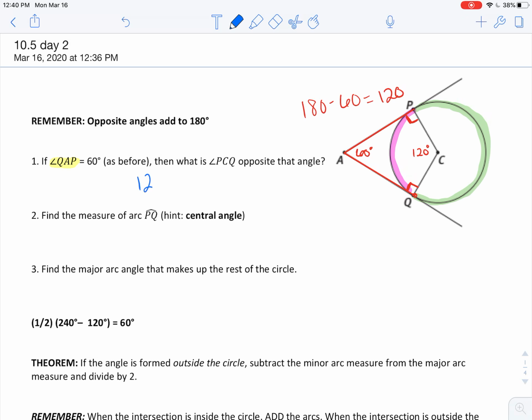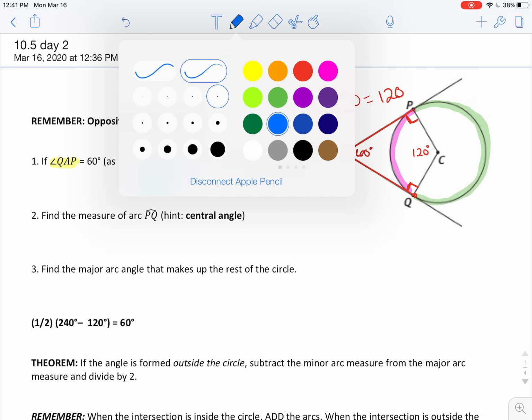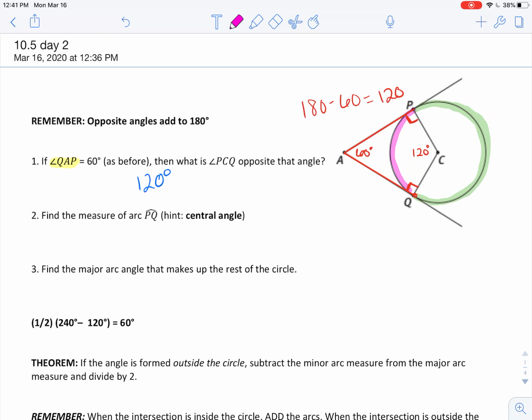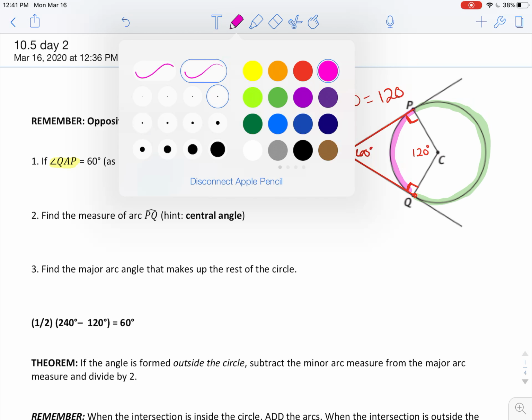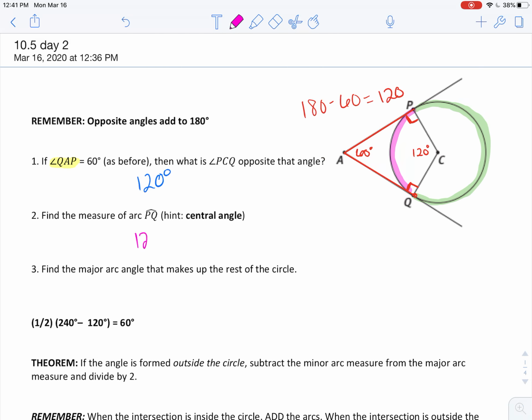So we found this angle was 120 degrees. I want to find arc PQ, so the pink arc. Let's try to find the pink arc here. My central angle is 120, so the arc must be 120 degrees.